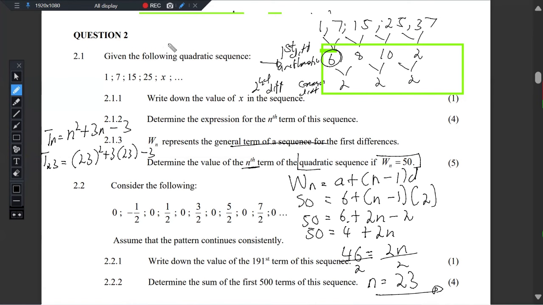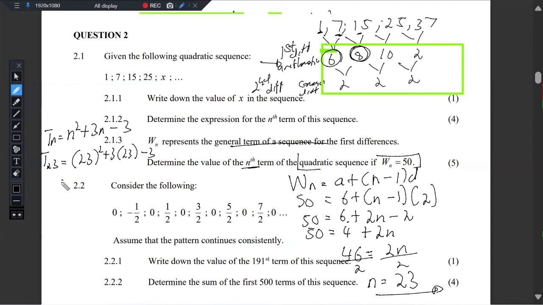right? Because I understand that as you are looking at this, term number 1 of the arithmetic sequence of the first difference is between T1 and T2 of the quadratic actually. Then if you are looking for T2 of the arithmetic, it is actually between the second and the third term, right?